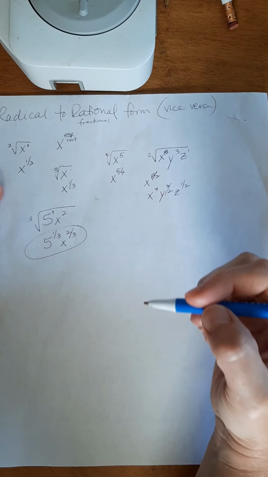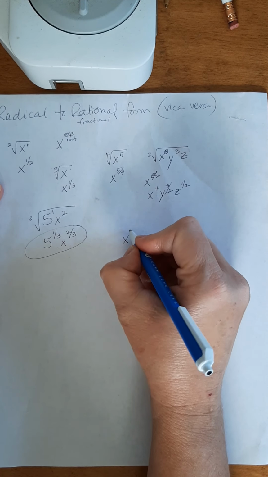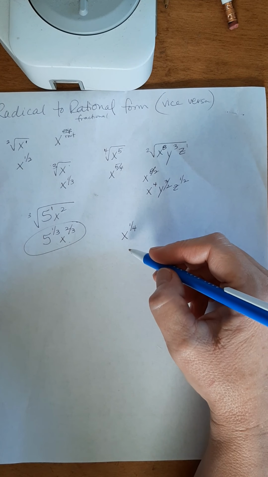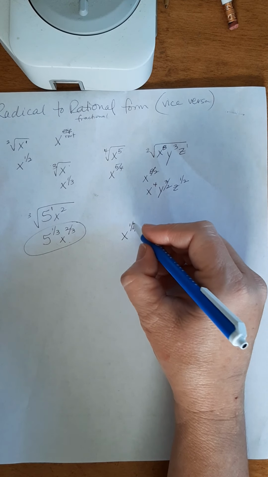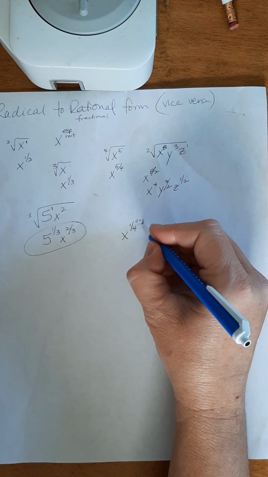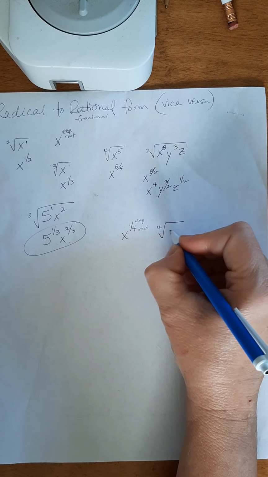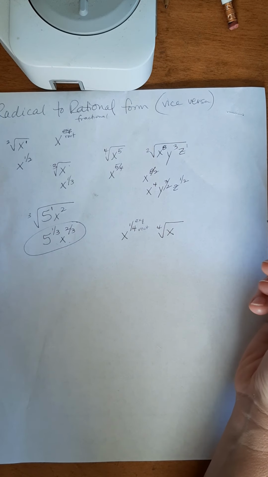Now going from rational to radical, let's say I had x to the 1/4, and I want to make that in radical form. Remember, it's always exponent over root. So 4th root of x, and it's to the 1st power.